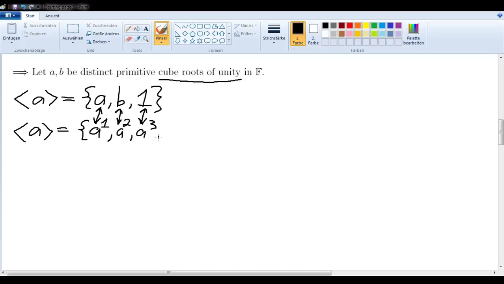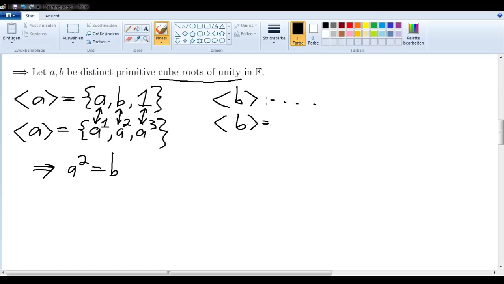Because if we were to continue this set here, it would start repeating, since A cubed is equal to 1, so this would again be just equal to A. So, with that, we know that A squared is equal to B. And in the exact same way, we could show that B squared is indeed equal to A.